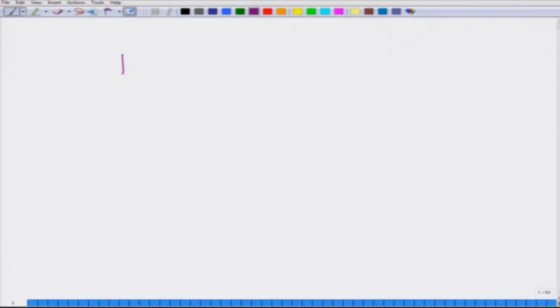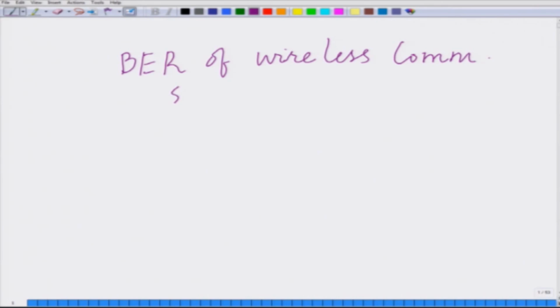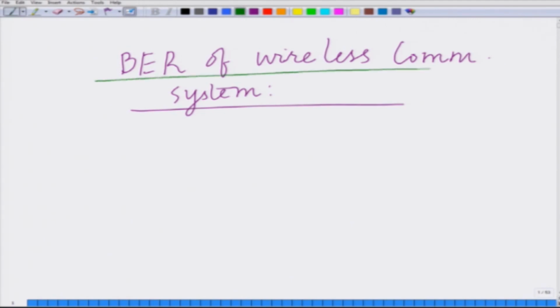So we are going to start looking at a bit rate BR of a wireless communication system.